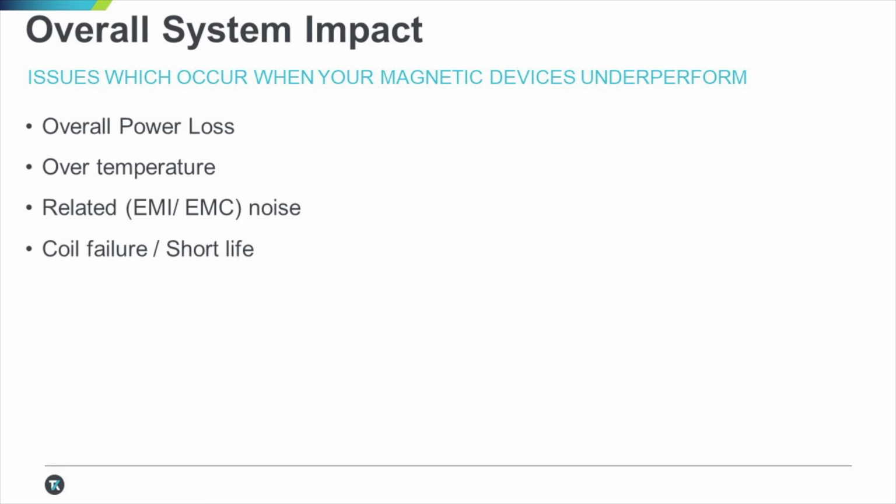Higher thermals will impact performance across your entire circuit, as well as add noise onto your circuit itself. Ultimately, at a device level, you will start to see a shortening of the lifespan of your magnetic device, such as coil failure or shorter life, as well as overall impact to your circuit as a whole.